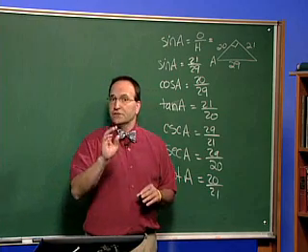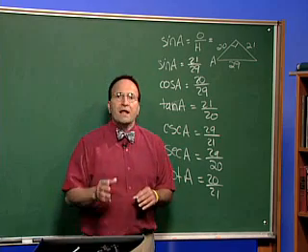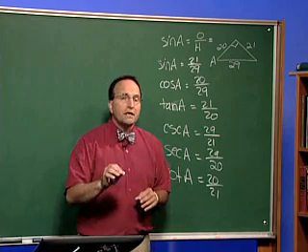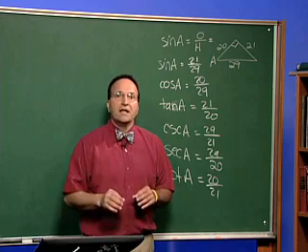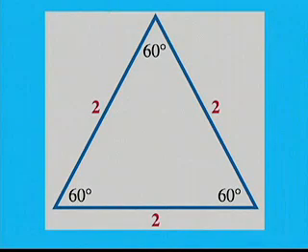Now, there are certain angles in trigonometry that are used so often, such as 30 degrees, 60 degrees, that they deserve special study. Let's develop triangles containing those angles and then use them to find the trigonometric function values for those angles. So we have what's called an equilateral triangle.